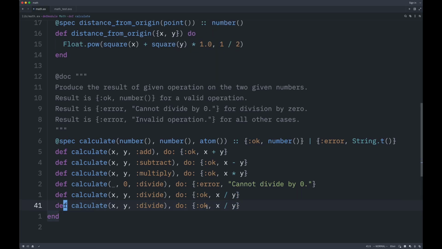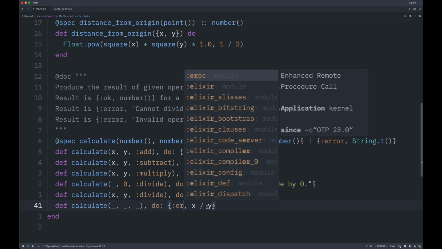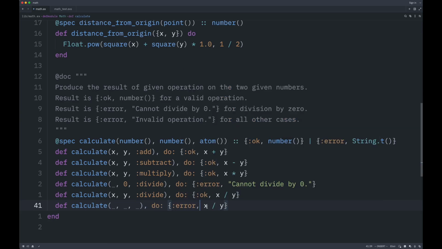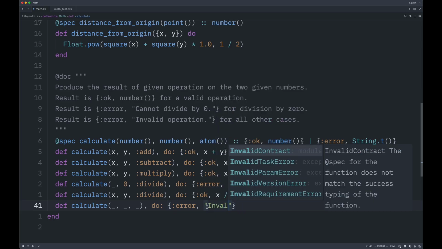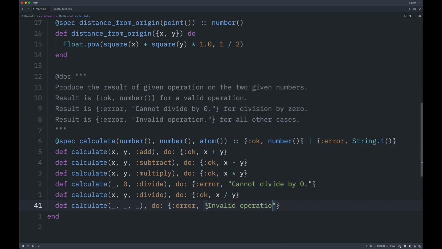And then the last case is going to be any other operation. So we are saying it doesn't matter what the 3 values are, we are going to produce an error saying invalid operation.